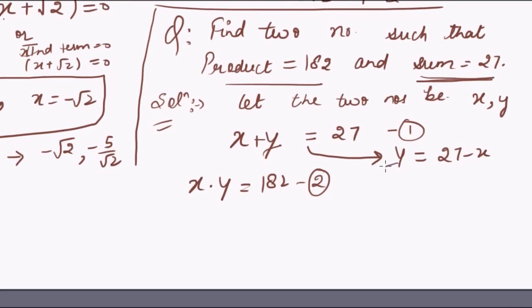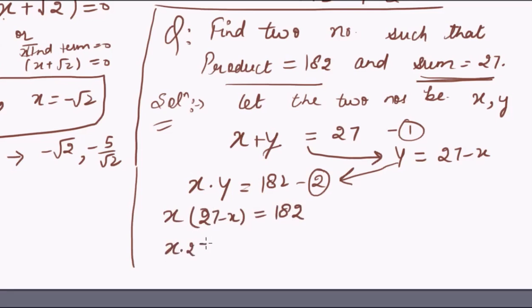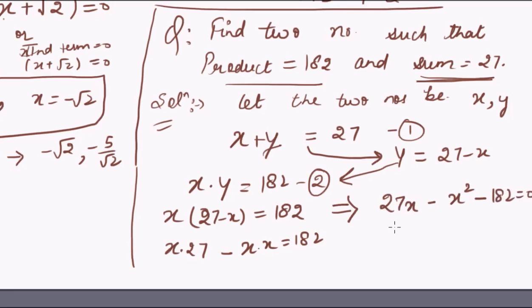If we put this value in the second equation, we will get x into (27 - x) equals 182. Opening the brackets will lead us to 27x - x² = 182, or 27x - x² - 182 = 0.